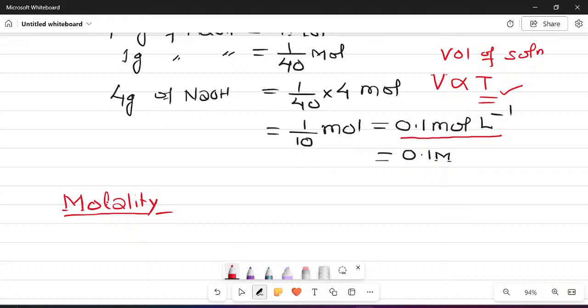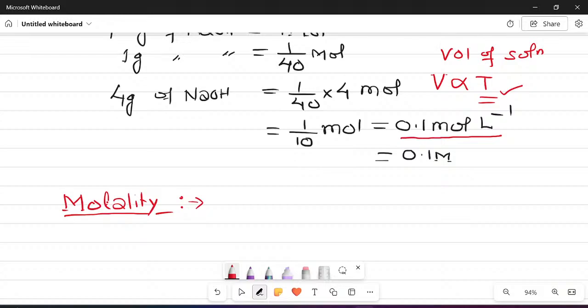So it makes our calculations complicated. So to simplify things, we need a way of expressing concentration in which the value of that concentration term does not change with temperature. So that's why we defined a new term, molality.